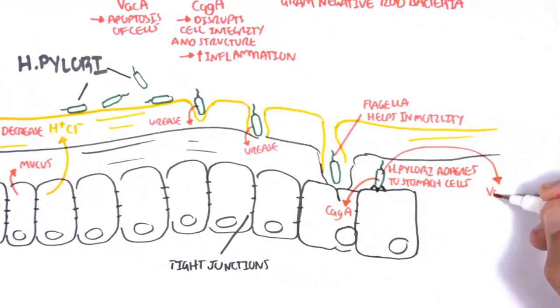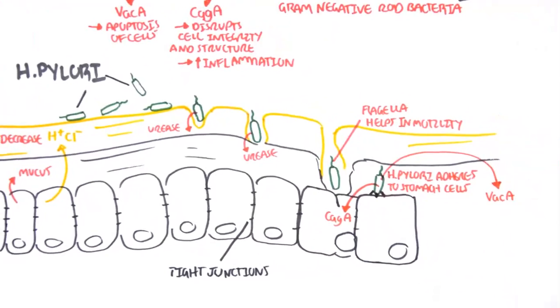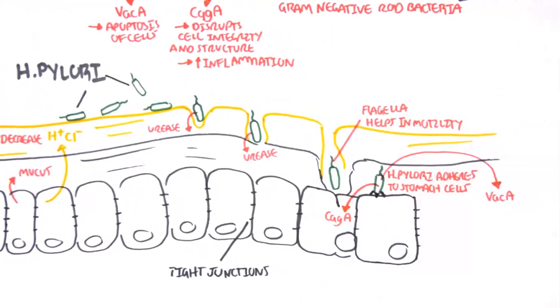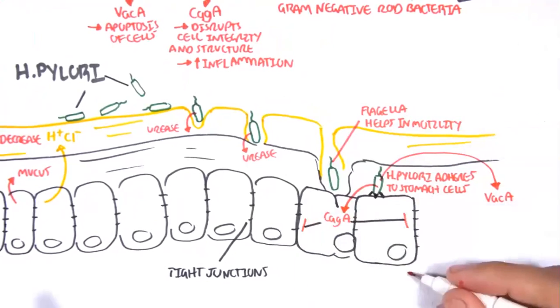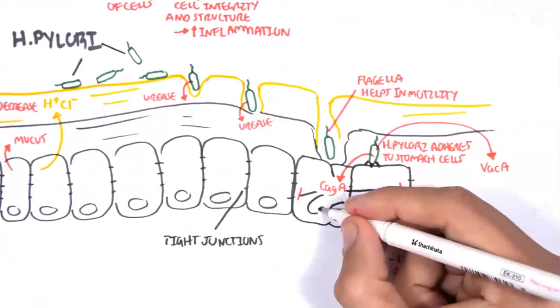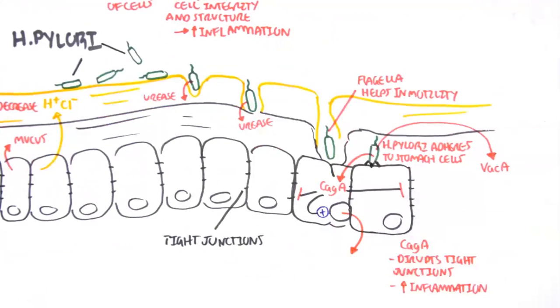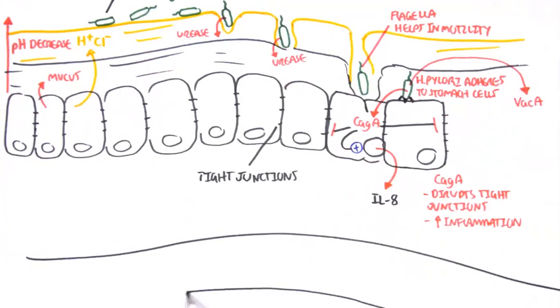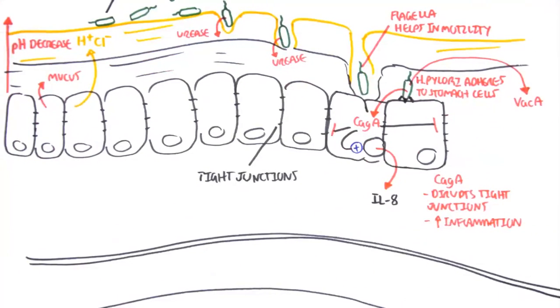After adherence, it releases two toxins, that is CAG-A and VAC-A, which we discussed earlier at the start of this video. CAG-A disrupts the tight junction between the cells and causes inflammation, which leads to the release of cytokine, that is interleukin 8 or IL-8.